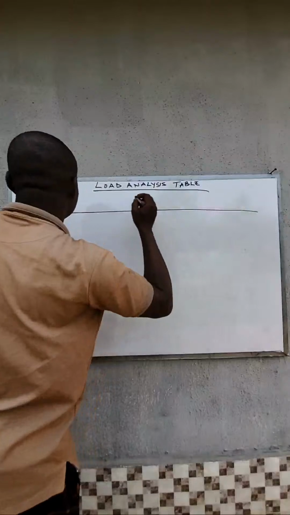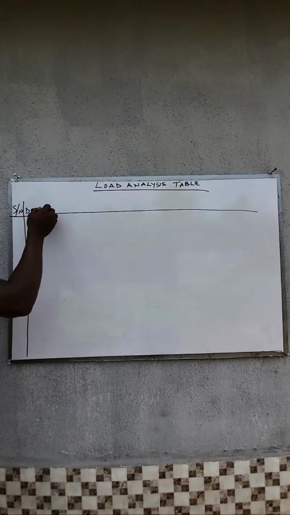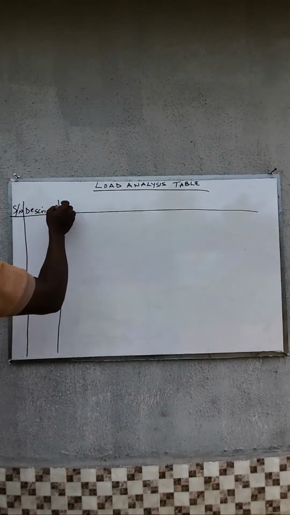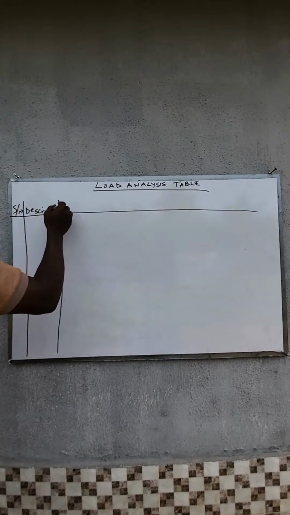You draw the table like this. The first column is SN, the serial number. Then the next one is description. Then the next column, you have quantity.